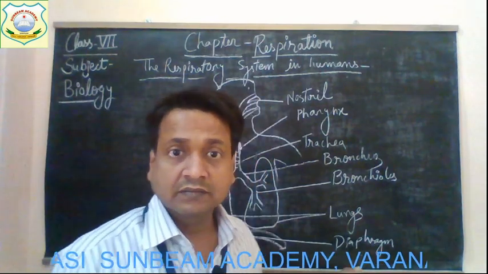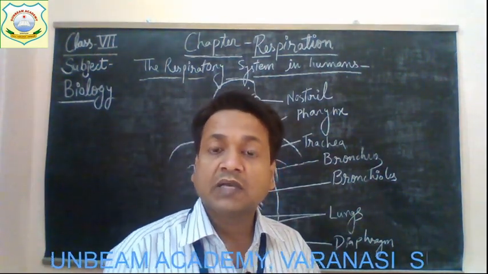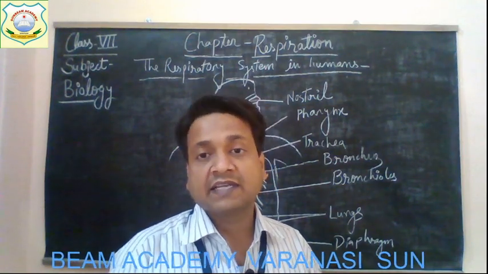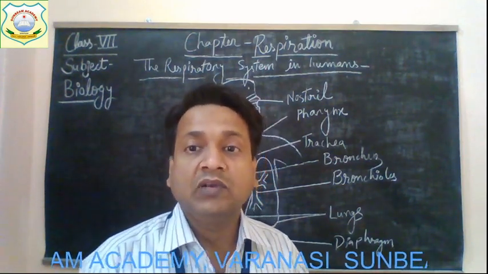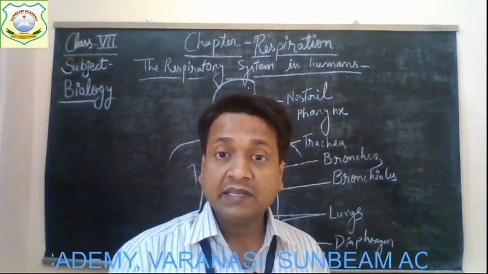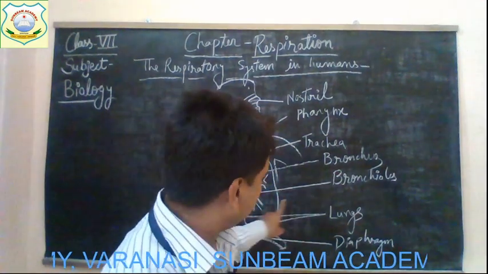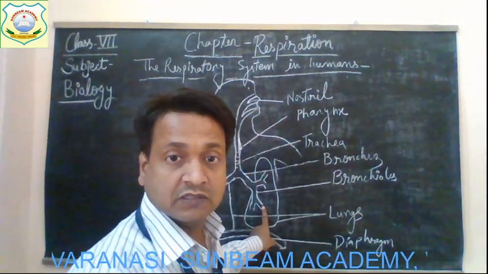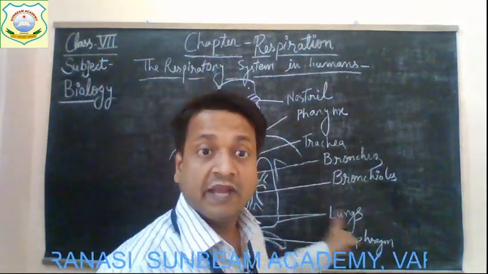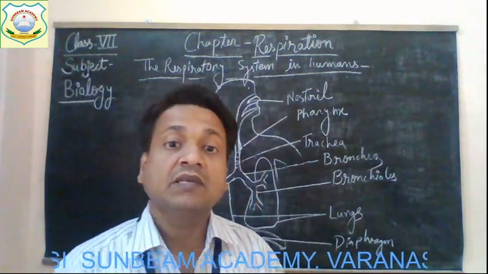Alright, children. Now, at the end of these tubes are tiny air sacs which are called alveoli. So, what are alveoli actually? They are tiny air sacs, bowl-like structures which are present at the end of bronchioles. Get it, children? And each lung contains about 300 million alveoli.